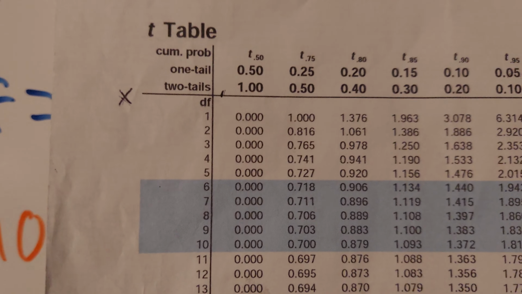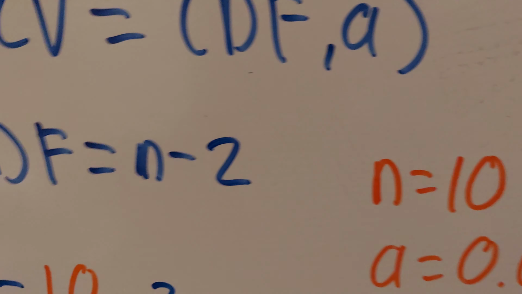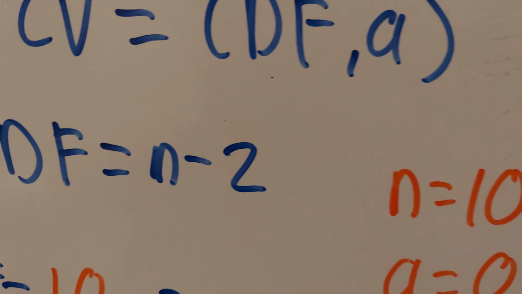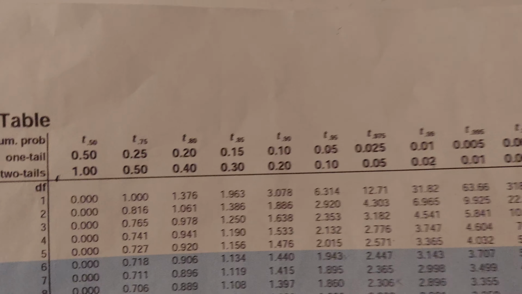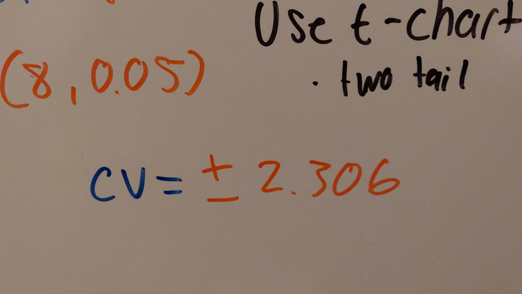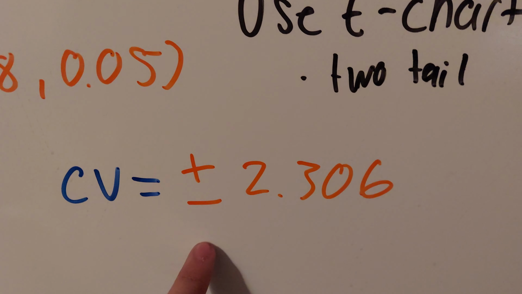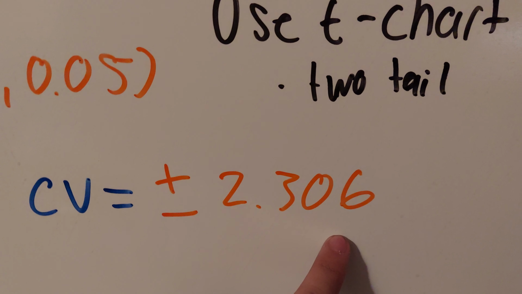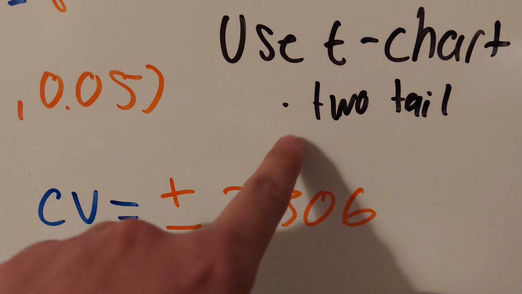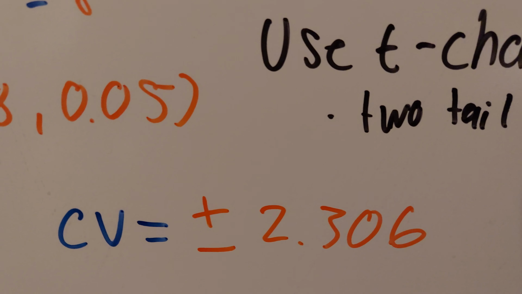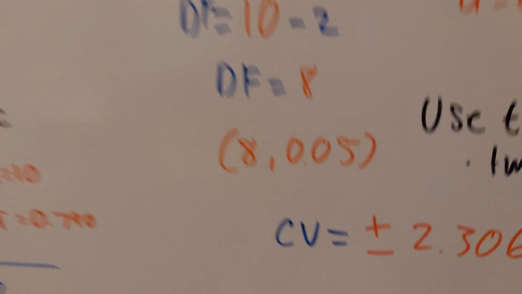The reason we use the two-tail is the same reason that we use the minus 2. So when we do that, we have a 0.05 right there, and we have degrees of freedom of 8. So that would be, there you go. The critical value is going to be positive and negative 2.306. The reason it's positive and negative is because we're dealing with a two-tail. And with that done, we have everything we need.